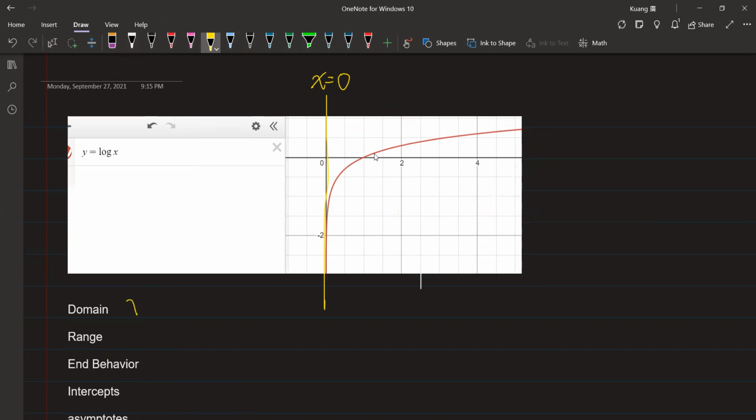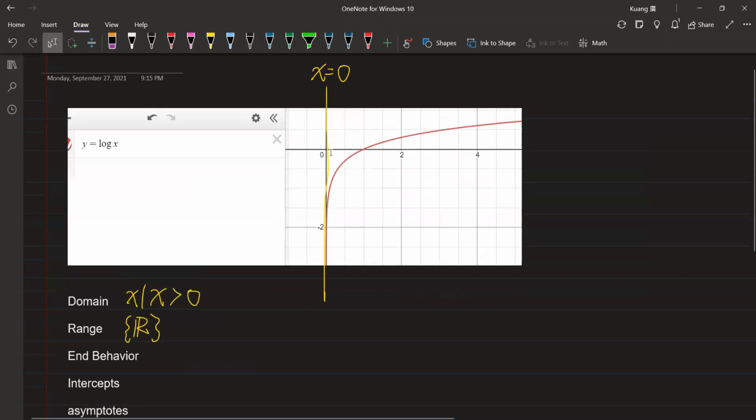That means x can only be greater than 0, cannot be 0. And range: your y can be any value. There's no limit for y, so it's all real numbers.